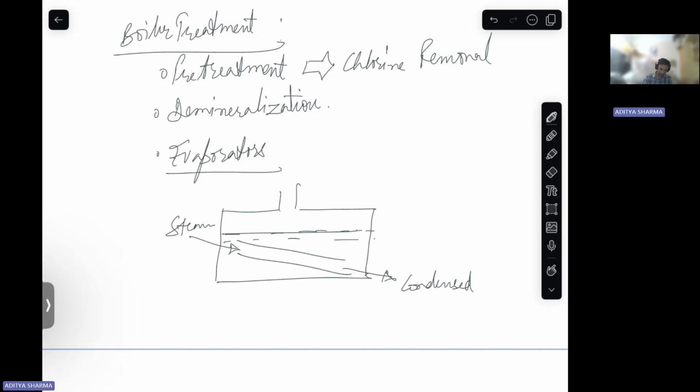From here, this is your water, right? From here we get our vapors. This can also be used for your makeup, right? So all this comes in your boiler treatment.